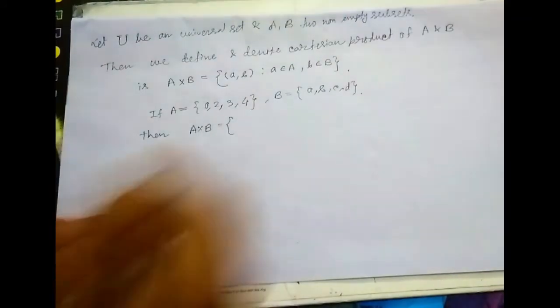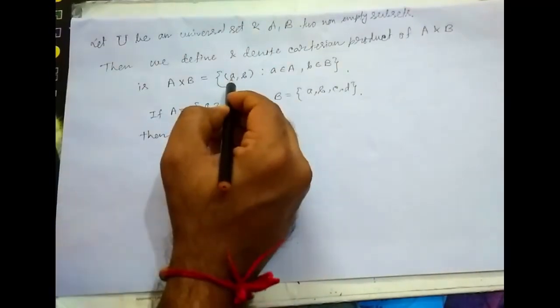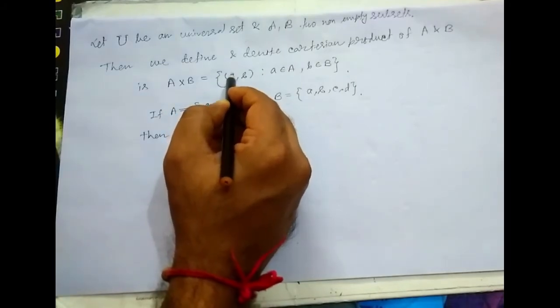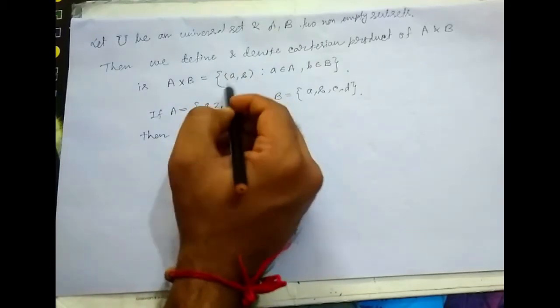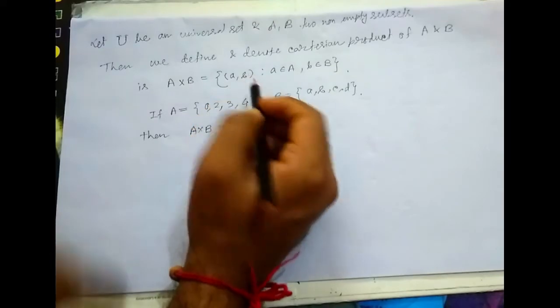Okay, where the first component, this is called first component of the ordered pair, this is called ordered pair, and this is called second component of the ordered pair.